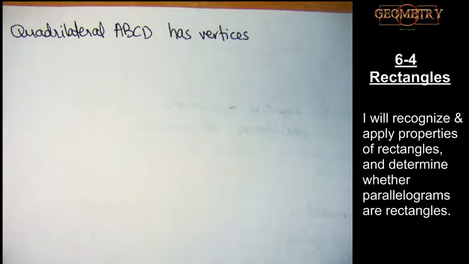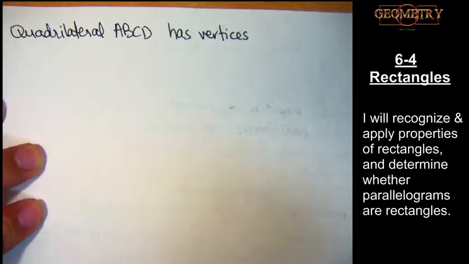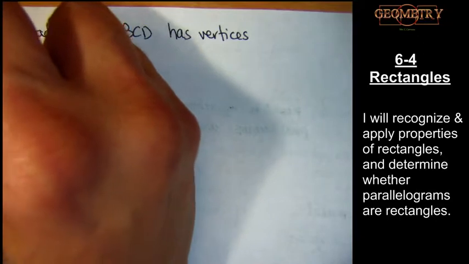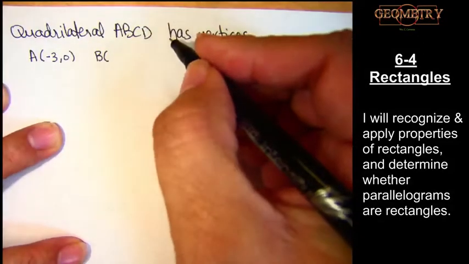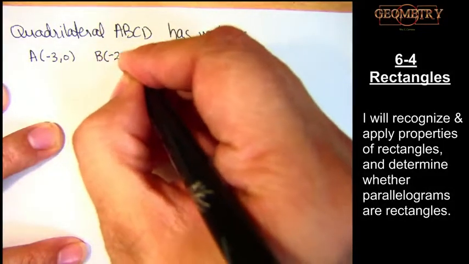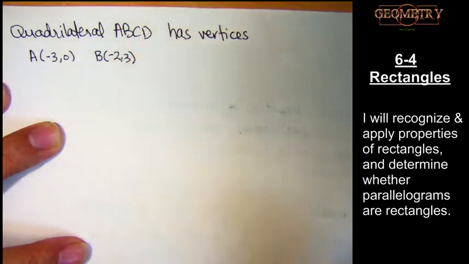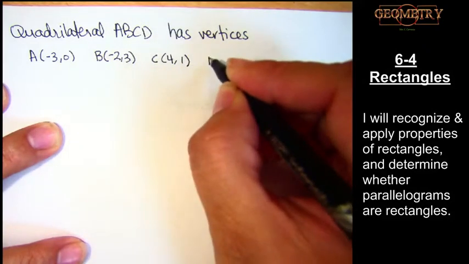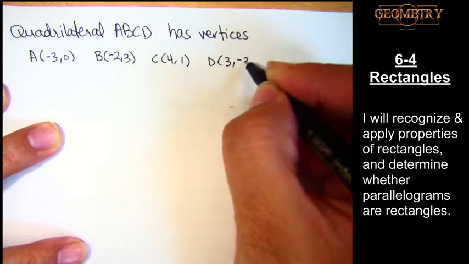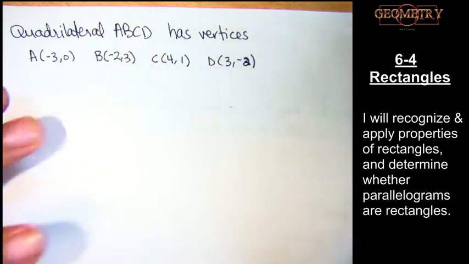Thank you very much. All right, so it has vertices. A, located at -3, 0. B, located at -2, 3. Can you see it? C, located at 4, 1. And D, located at 3, -2.